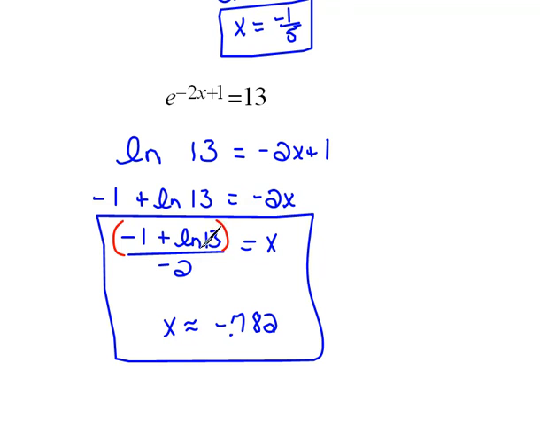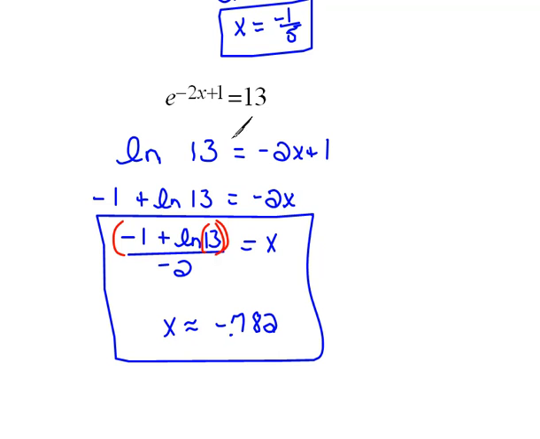Now keep in mind, once you hit the natural log key, it's going to automatically open up a parenthesis. So we have to close that parenthesis out in order to keep that argument by itself. If you don't, then you'd be looking at this parenthesis and you just don't have your order of operations correct.